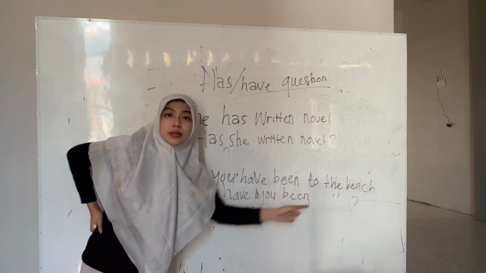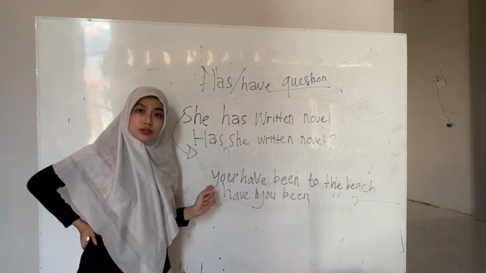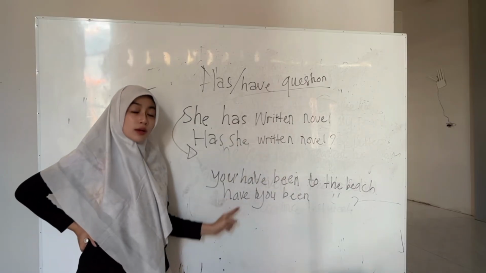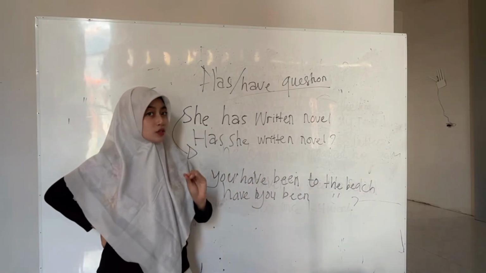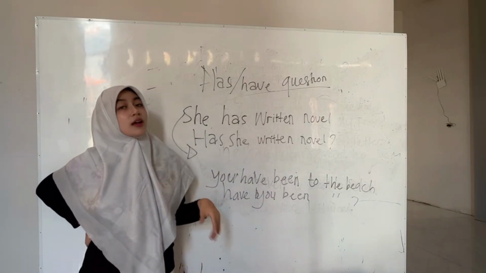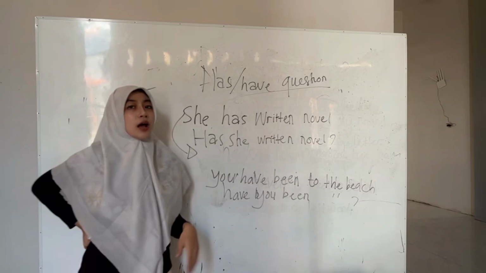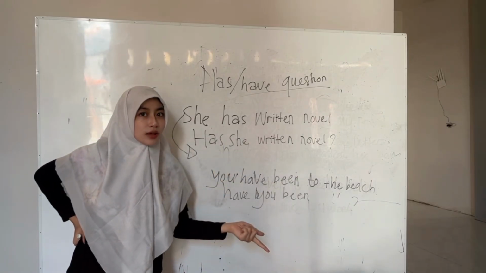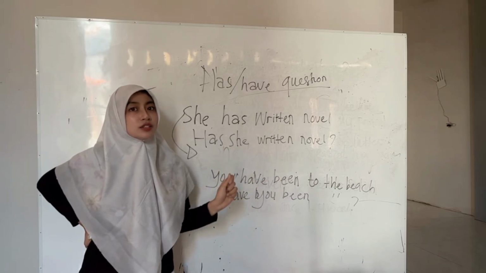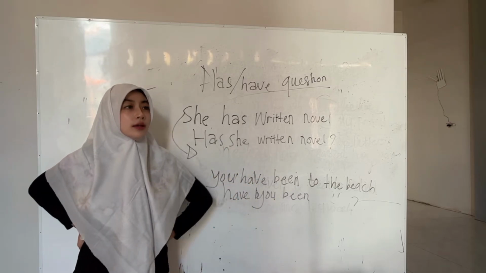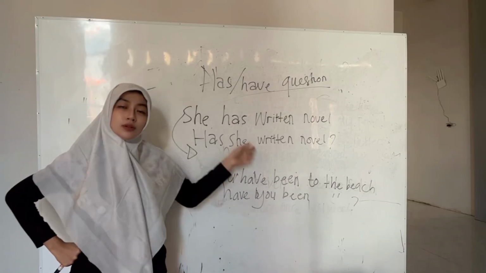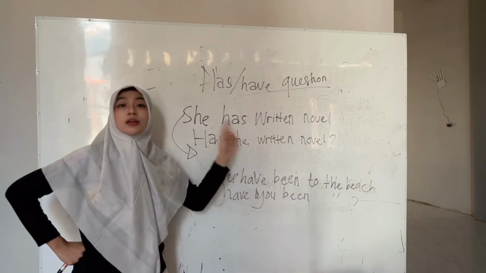You have been to the beach, and if you change it into the question form, have you been to the beach? So we can just change the position between the subject and have or has. Have you read the new novel? She has driven the car. Has she driven the car? I have cleaned the house. Have I cleaned the house? So we can just change the position between subject and have.